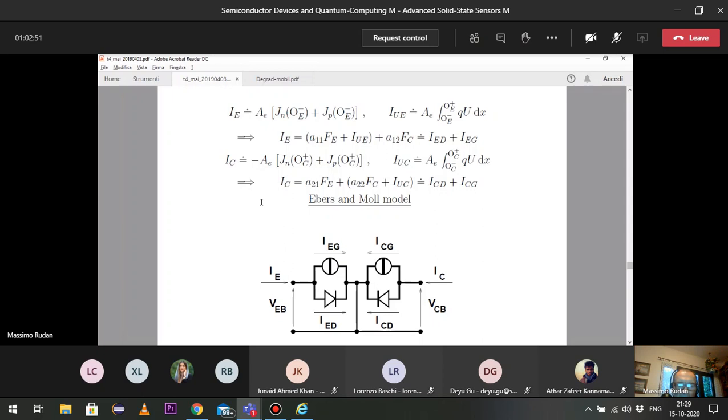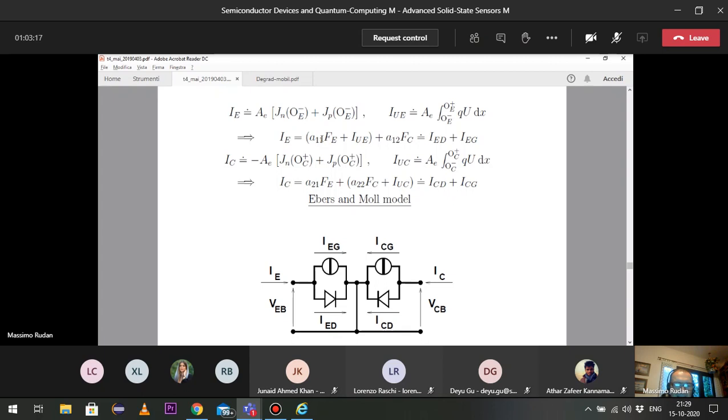The branch that is below, the one with the diode and the indication I_ED, is the term in parentheses. Why? Because you have a coefficient times exponential of q over kT times the applied voltage plus the recombination current.